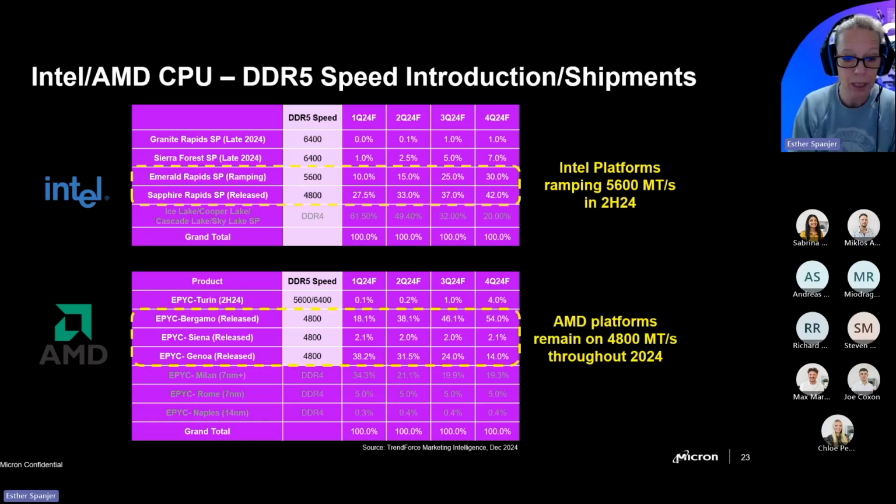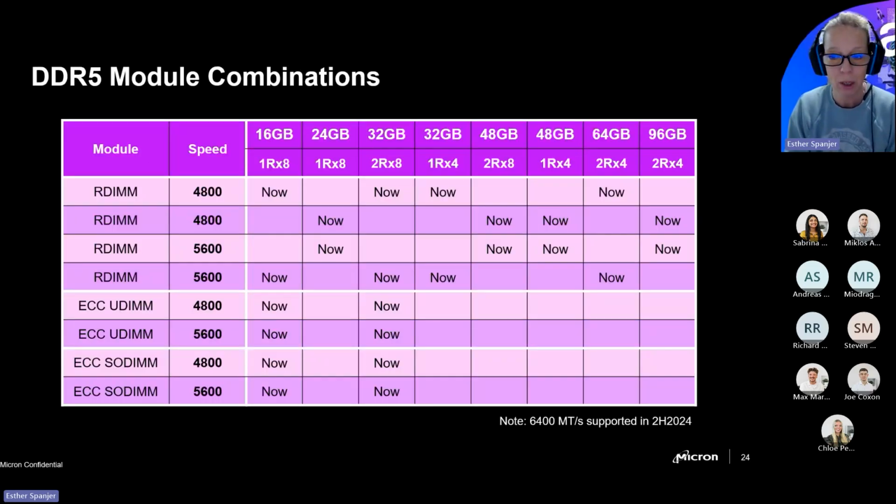Now, AMD is going to stick primarily to 4800 speed this year with these three platforms that they have released and that are shipping. And then towards the end of the year, when they come out with their Turin platform, you see that they will start transitioning to the higher capacity, higher performance speeds in DDR5. So from a memory manufacturer, we need to be ready to support all of these platforms and their speeds.